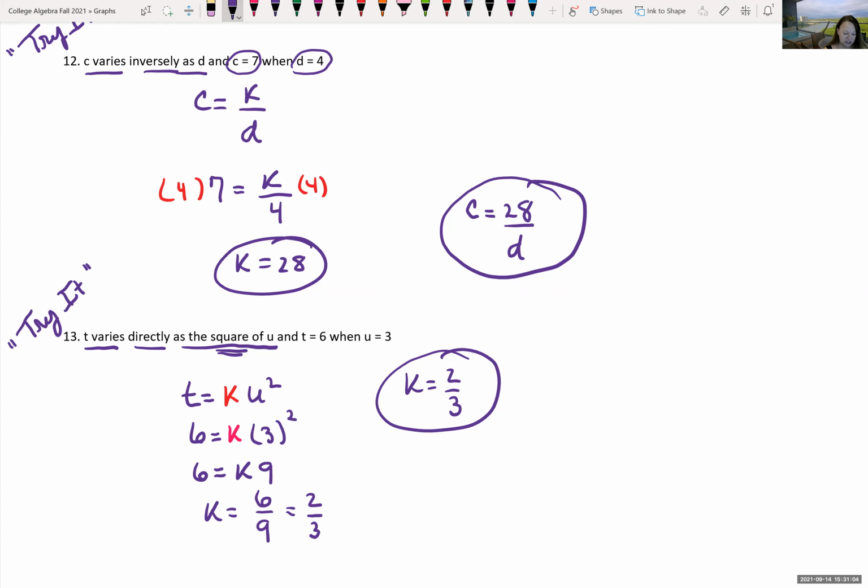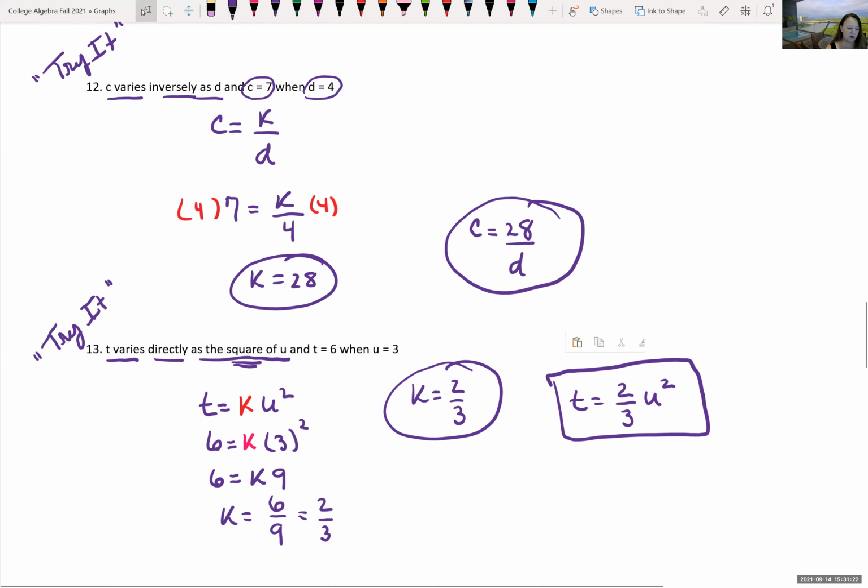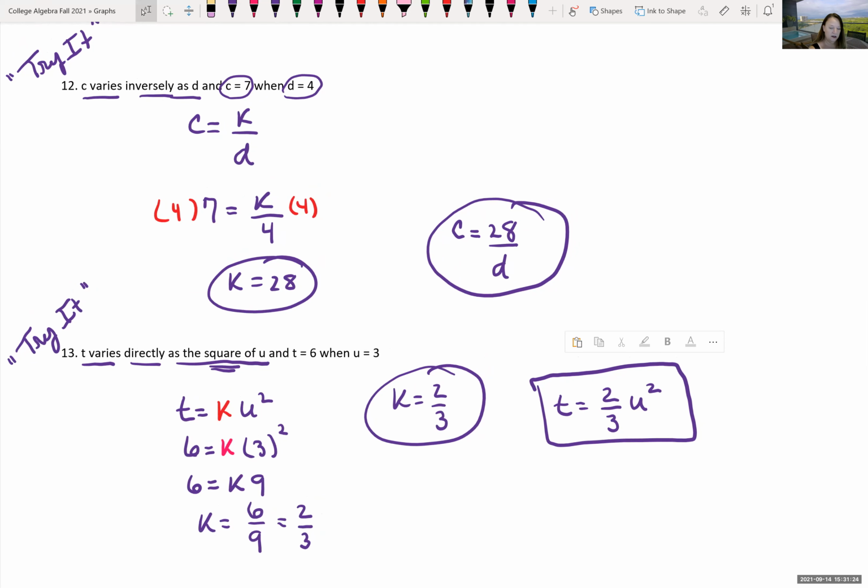To set up the equation, we have T is equal to 2/3 times U squared. Okay, so hopefully, if you didn't get it correct, you saw what you had done wrong in your example when you were trying it.